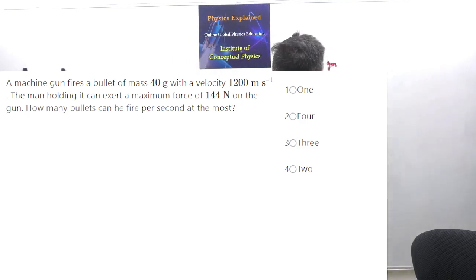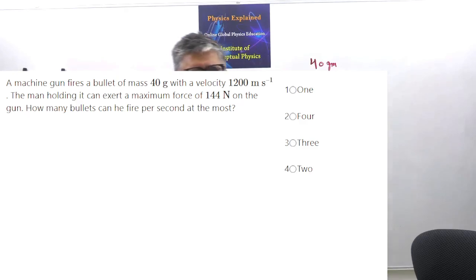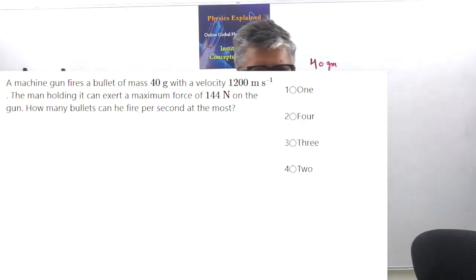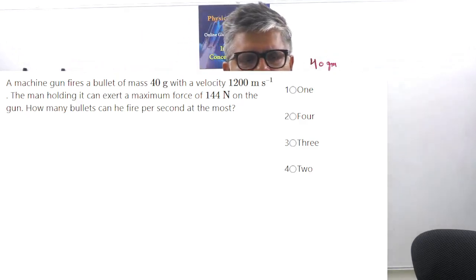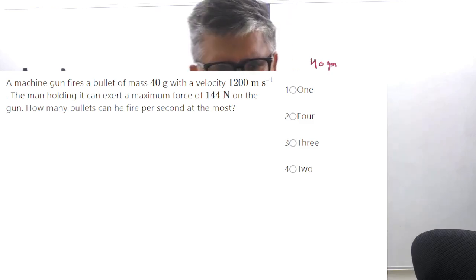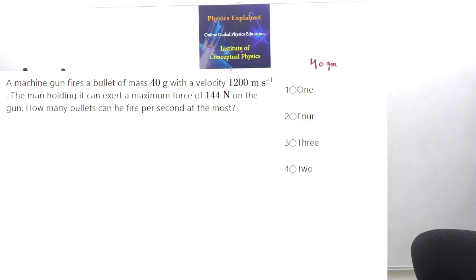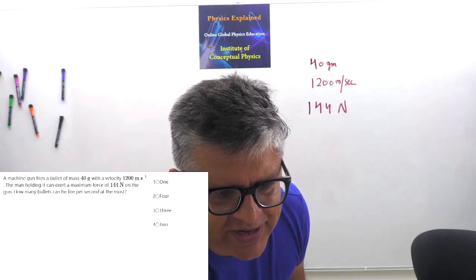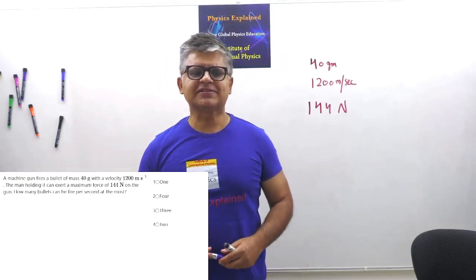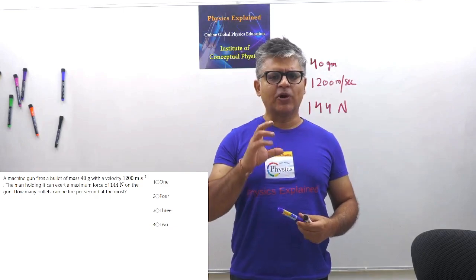So 144 newtons is available to us for stopping the recoil of the machine gun. Let me just reduce the size and then we can discuss this. I hope you have read it thoroughly. All right, now let's see what is happening.